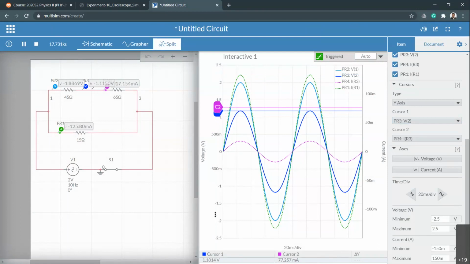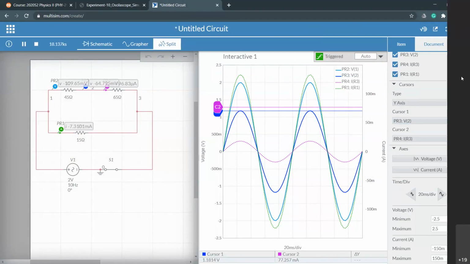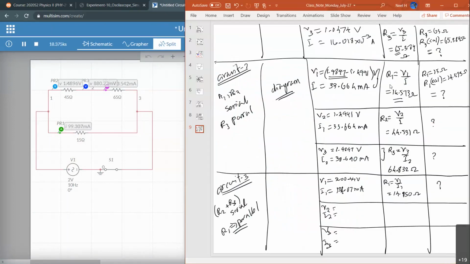That value is about 1.1814. So this is going to be the difference between 2.0044 minus 1.1814. That's the voltage across resistor number 2.